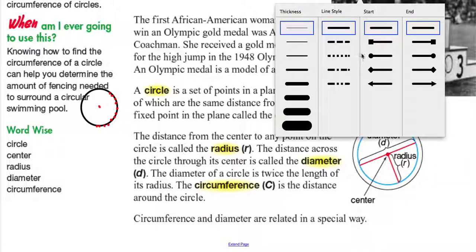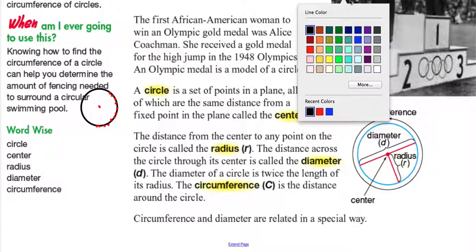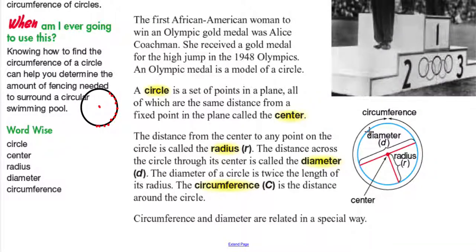Let's color it blue. From that point to that point is the diameter of a circle. For as long as it crosses the center, that is the diameter of our circle.